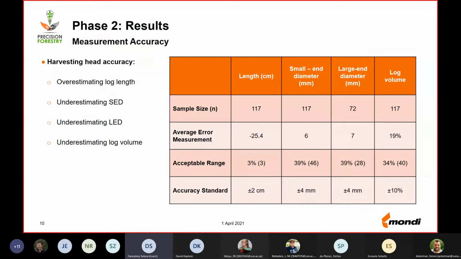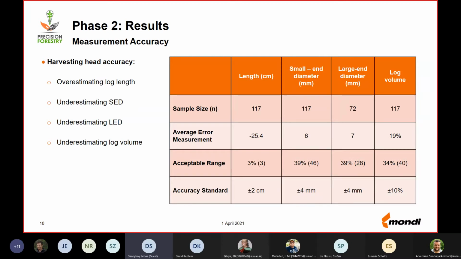Let's look at the results for our harvesting head. We found that it's overestimating log length by about 25.4 centimeters on average, and that only 3% of the sample was within the acceptable standard of plus minus 2 centimeters. The machine was underestimating both the small end diameter and the large end diameter by about 6 and 7 millimeters on average, respectively.